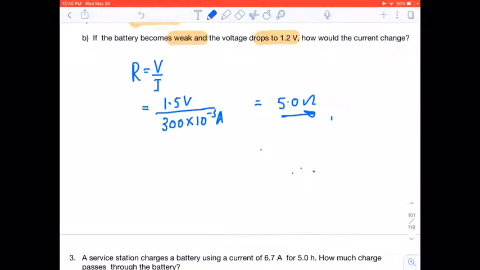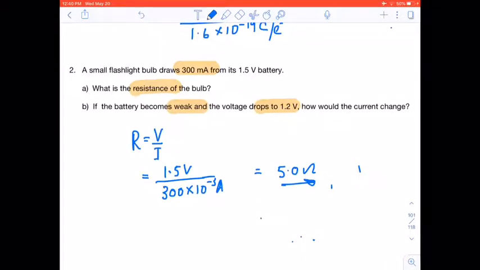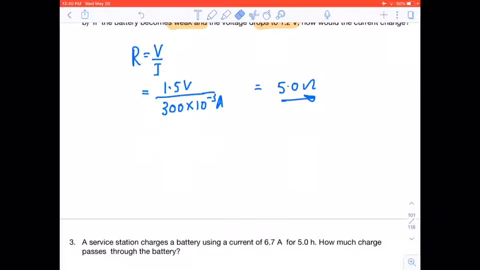Now we want to know what would happen to the current if, for instance, the battery voltage drops to 1.2 volts. Okay, so there we have that.